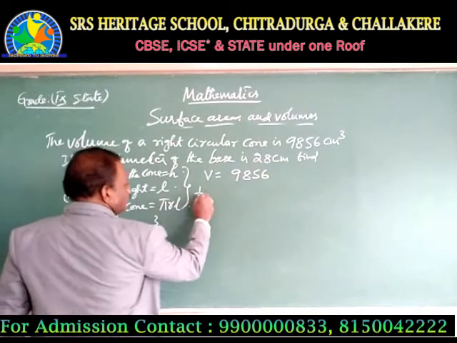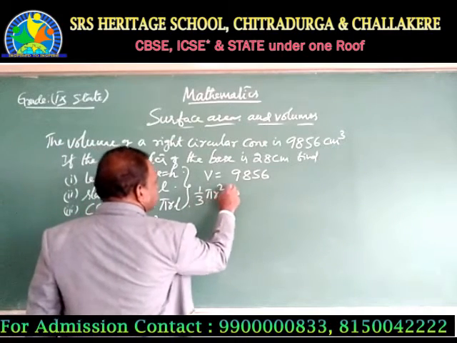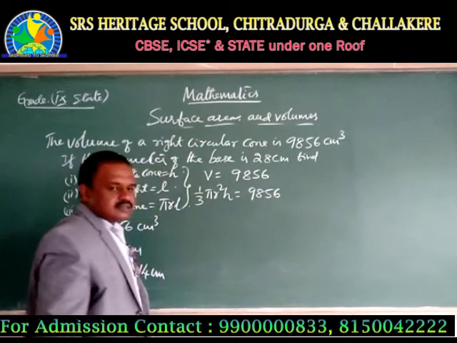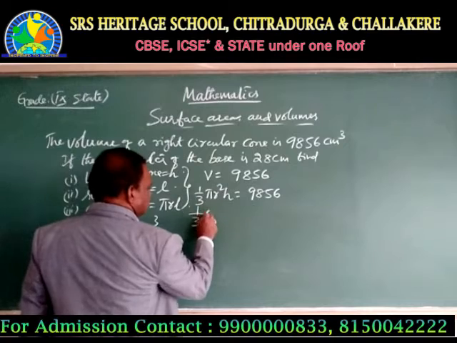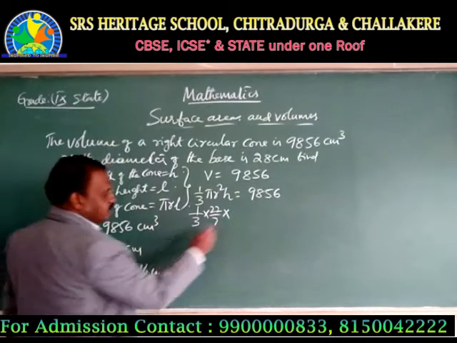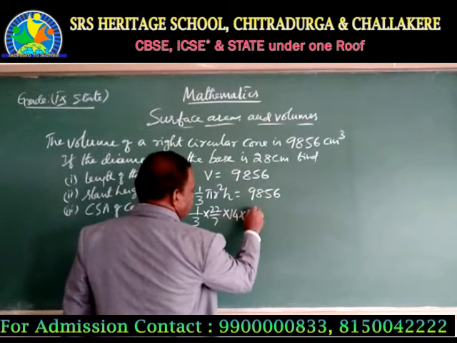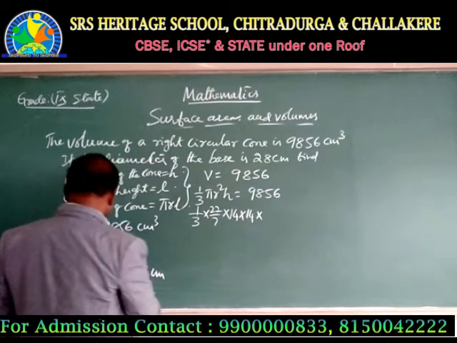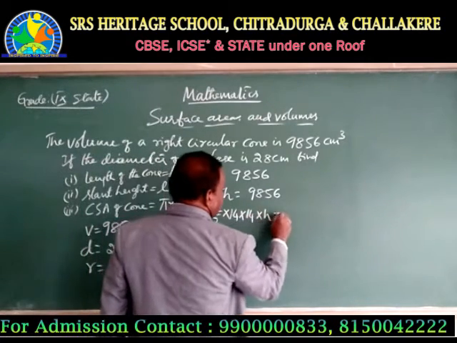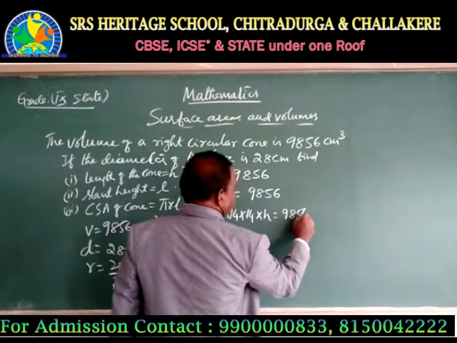Volume of a cone is 1 by 3 pi r square h is equal to 9856. So substitute 1 by 3, 22 by 7. What is r? R is 14. Let us take this as 14 into 14 into h. H we have to find out, that is equal to 9856.